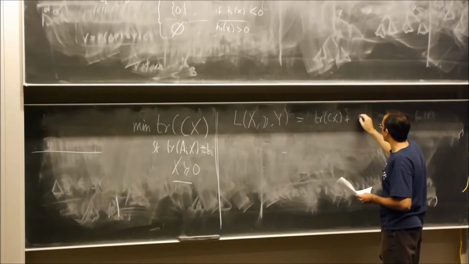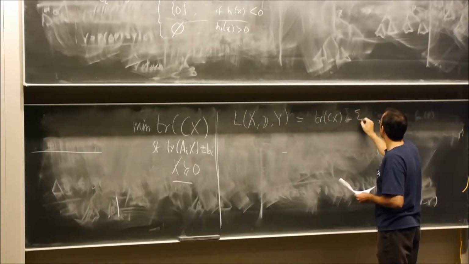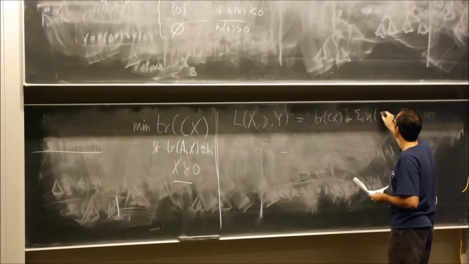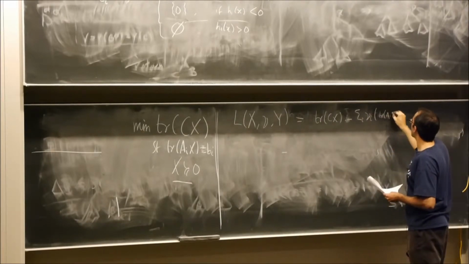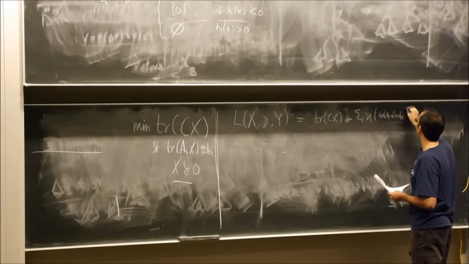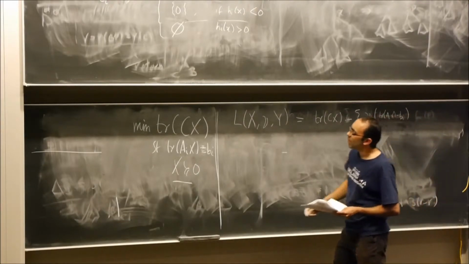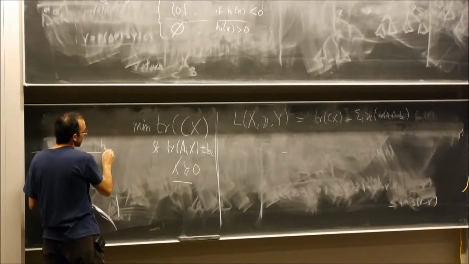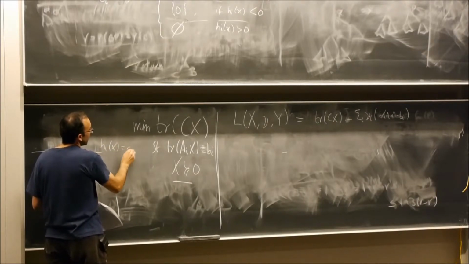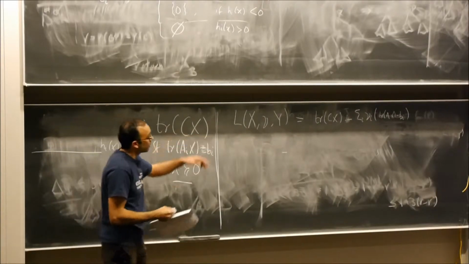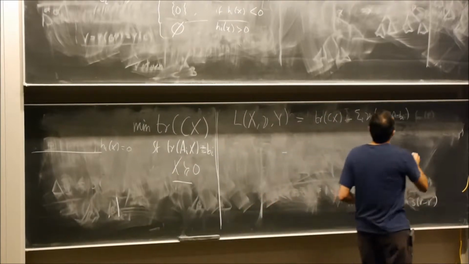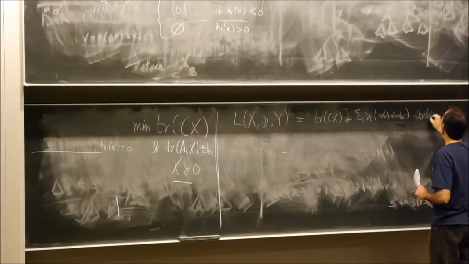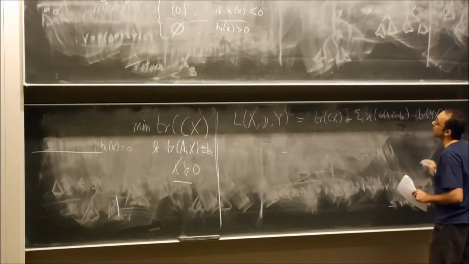Plus or minus, whichever way you prefer. Let's write it with minus if you want. Nu_i trace A_i X minus b_i, because remember in our standard form, the constraints had 0 on the right hand side, so I did that. Minus trace of Y times X.